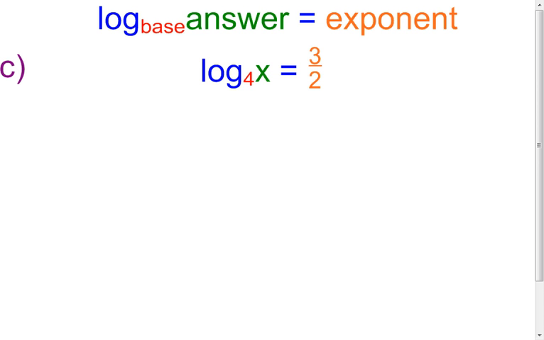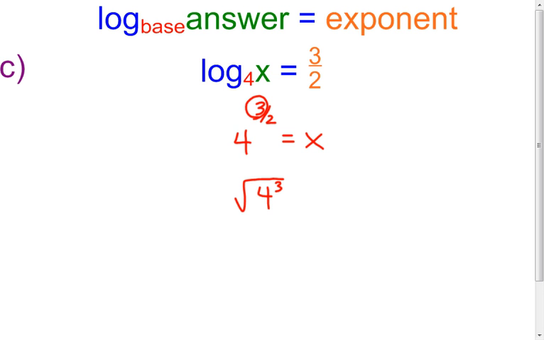All right, and then here we go. Base is 4, exponent is 3/2, equals x. Okay, now I know that you could plug this into your calculator and do 4 to the 3/2, but I want to remind you of how to deal with these fractional exponents. Remember that this number up here is like this.